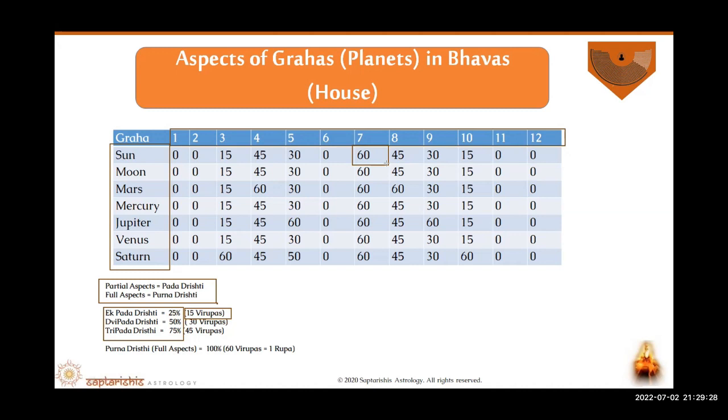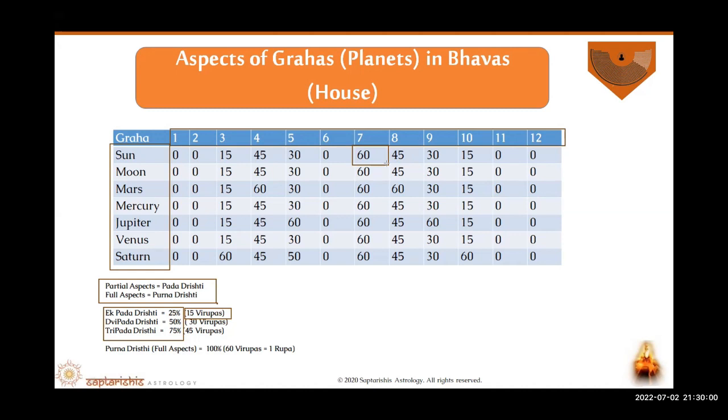Now, when you do advanced Jyotish, we will study the planetary strength, house strength, sign strength. So the strength we can calculate. When we do mathematical calculation, you will see the term rupa and virupa. When you calculate the strength of Sun, aspect wise, Sun is getting one rupa in seventh house.